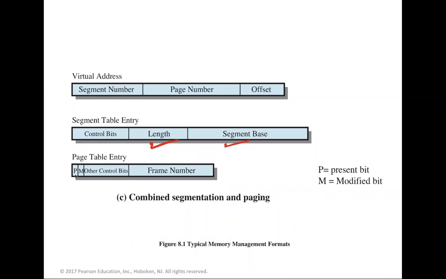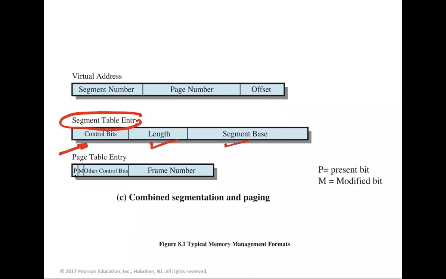The present and modified bits are no longer needed in the segment table entry because these matters are now handled at the page level, not at the segment level. We still need some control bits that might be used for purposes like sharing and protection.